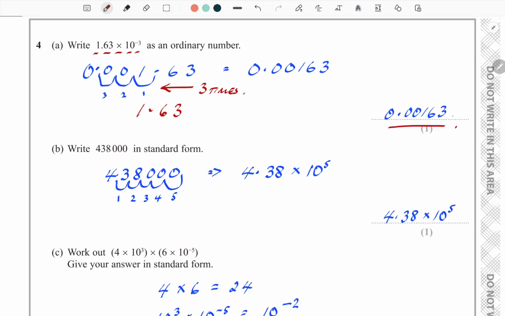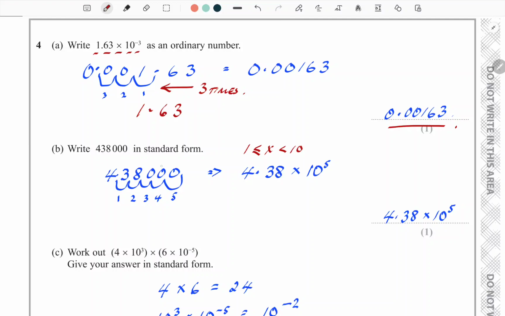Then the next one, 438,000 in standard form. Well, remember standard form, we always have to have a number between 1, so call it x if you like, greater than or equal to 1, and less than 10, all right? It can be 9.999 whatever, but less than 10.